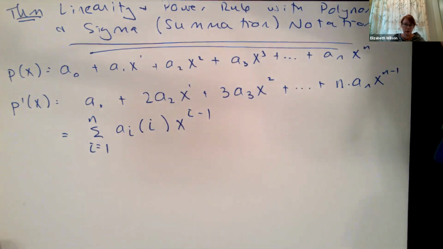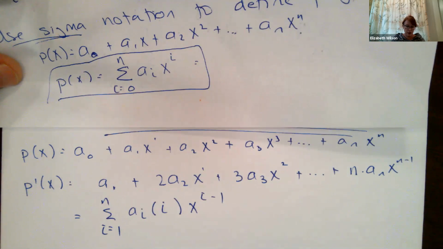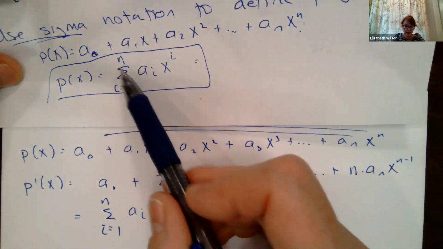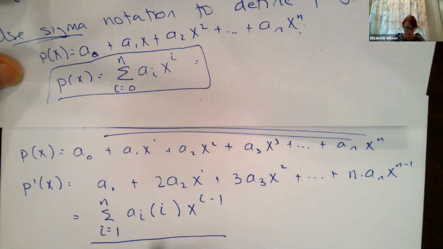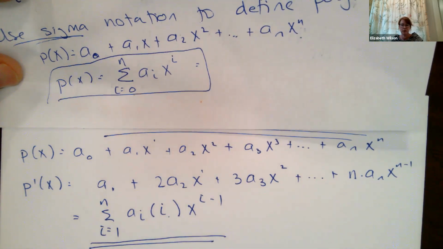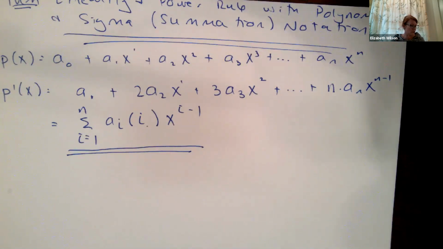Whereas if you remember, the polynomial is the sum from i equals 0 to n of a sub i x to the i, our derivative now is the sum from i equals 1 to n of a sub i times i x to the i minus 1. So we've turned it into a formula. It's a shortcut, a way of writing things, so I don't have to write it each time.